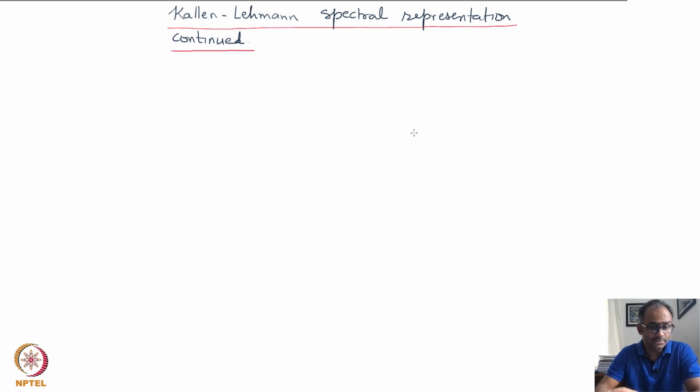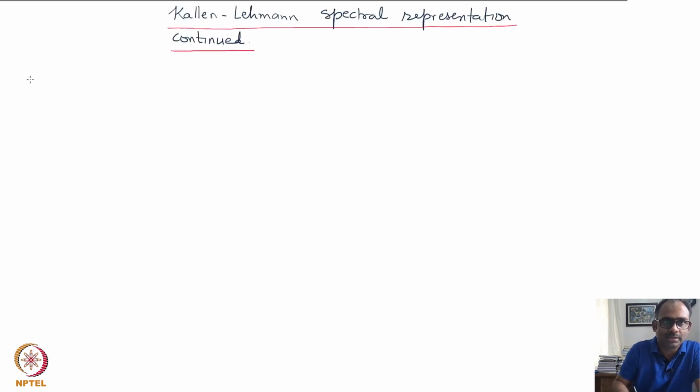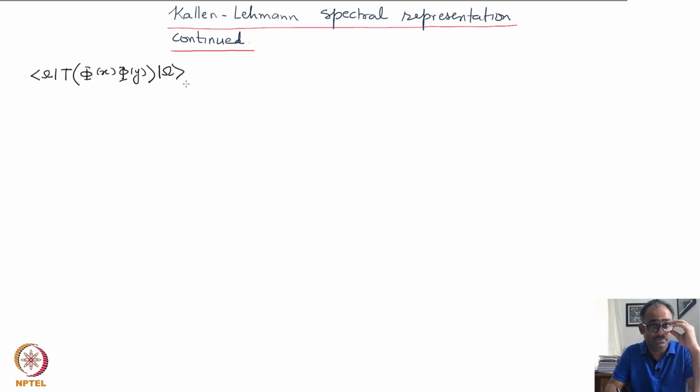Just to remind you, we were analyzing this object, where phi could be an elementary field, the field that appears in your Lagrangian, or phi could be a composite field.